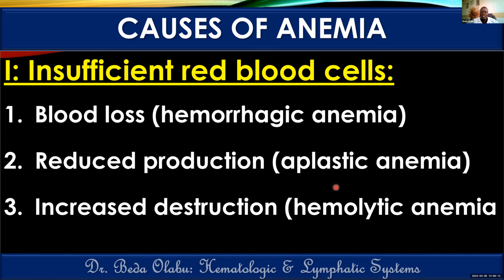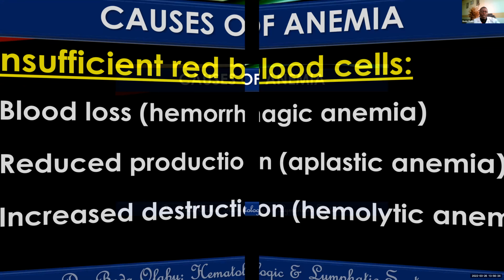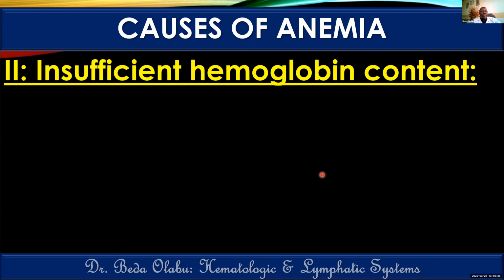Again, there are many causes for hemolysis. Anything that causes premature destruction of red blood cells will give you hemolytic anemia. Aplastic anemia is a term given to reduced production because of bone marrow disease. That is aplastic anemia. Okay, so those would be anemias because of low red blood cell count.